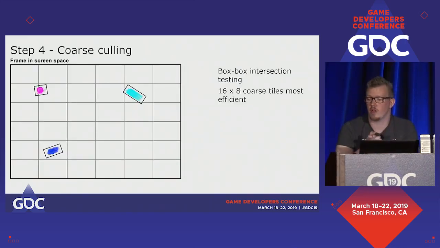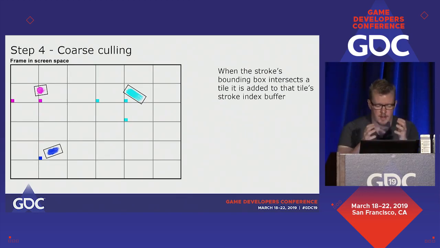Next step is coarse culling. This happens with box-box intersection, and testing revealed that 16 by 8 culling tiles was the most efficient number. When a collision is detected, the stroke's index is added to that tile's index buffer.